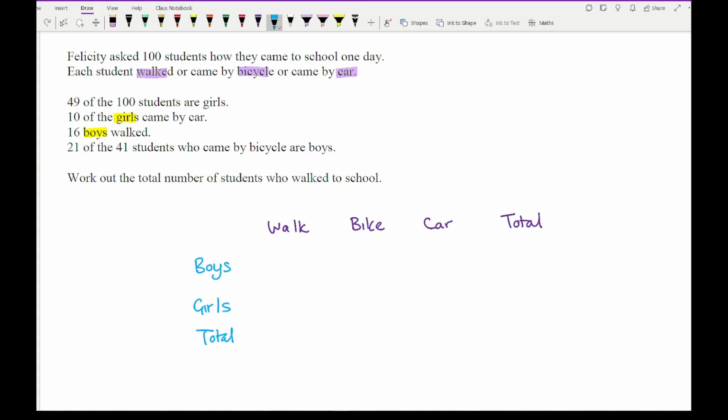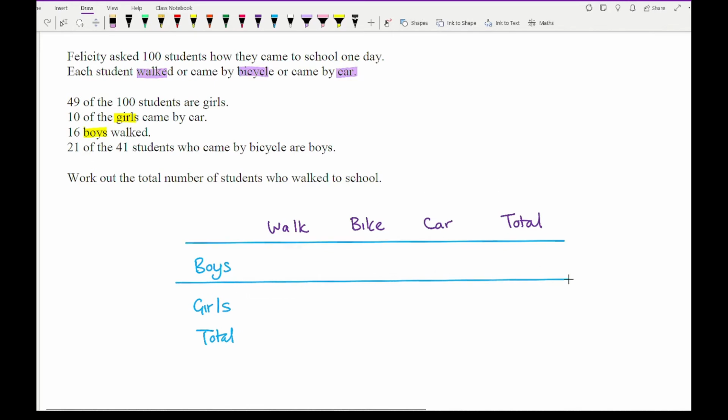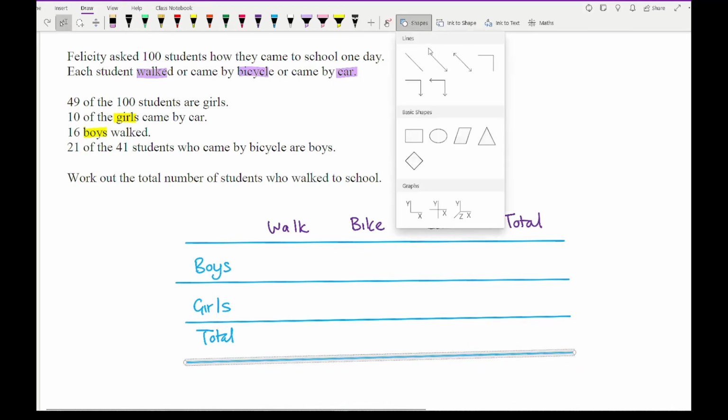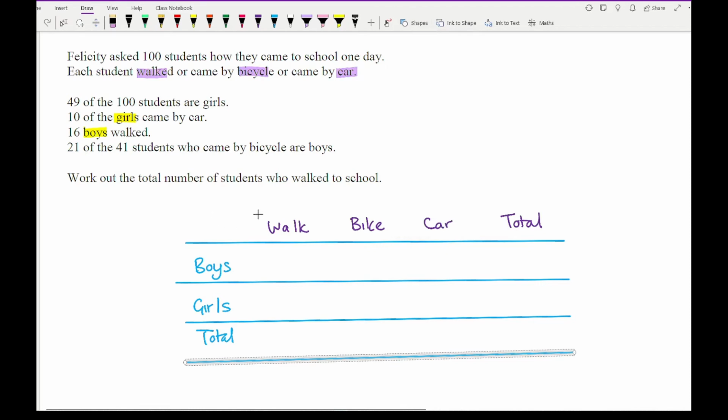Now this is where I kind of embarrassed myself by trying to draw a straight line, so let's do that properly. So let's set up our table, and let's get another line, and another line, another line. Just got a few more lines to draw. Actually, let's try clever.